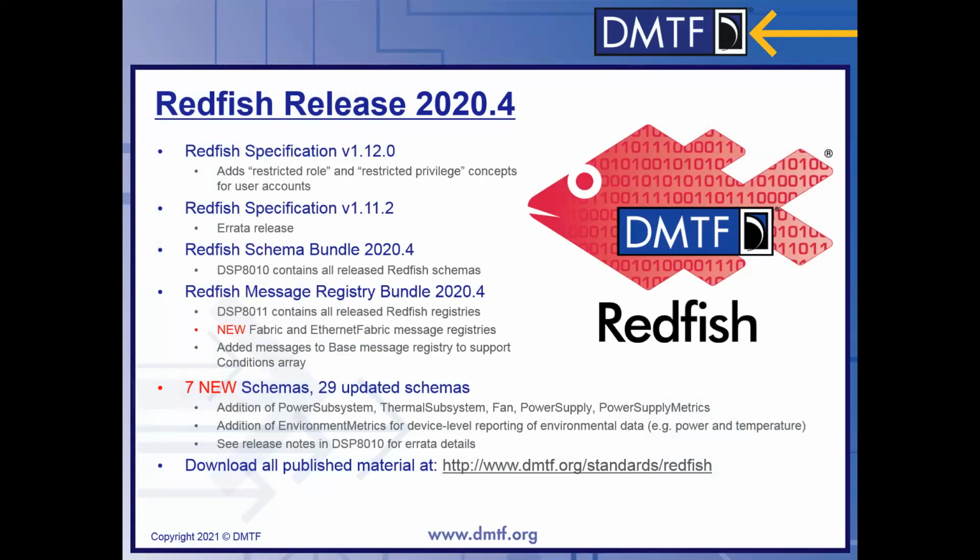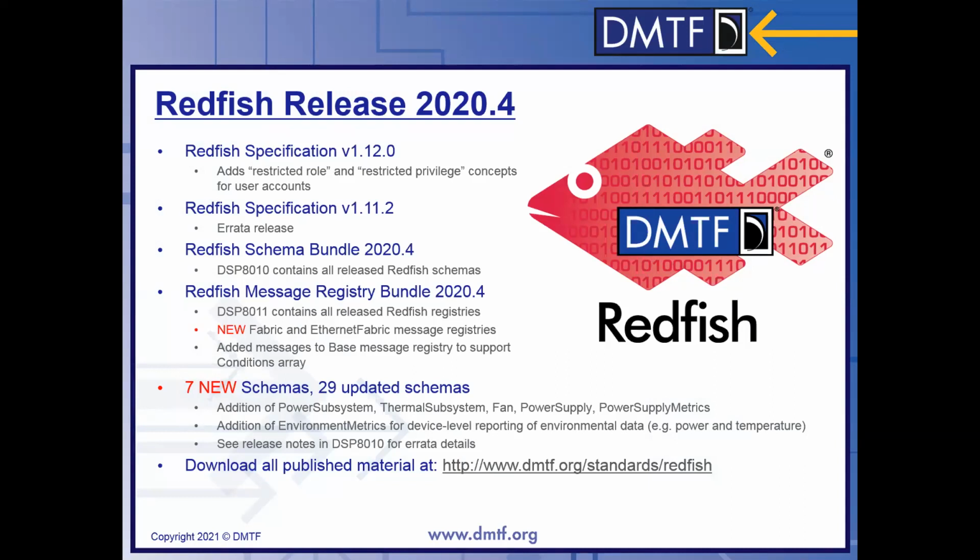So as is typical for a Redfish release bundle, we have a couple different deliverables that tend to get updated on a fairly frequent basis. Normally 3 times a year. In 2020, we actually did 4 releases. The first part of that release is the actual specification document. There were 2 versions of that in this cycle.